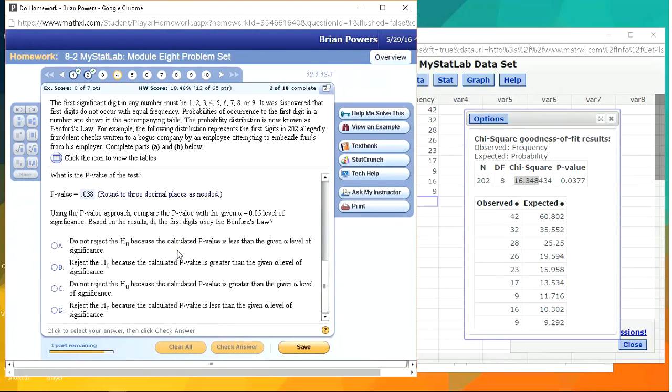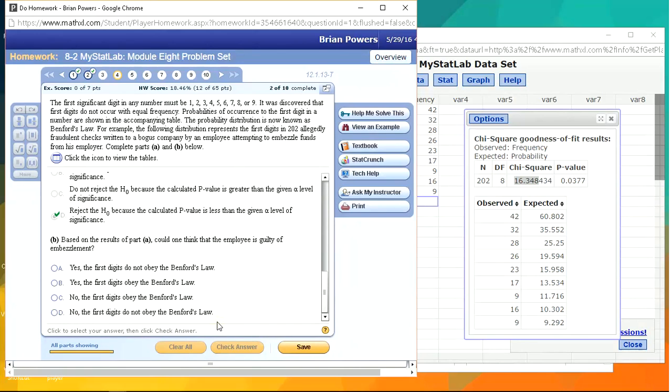We're using alpha at 0.05, so we reject because the p-value is less than 0.05. We do reject because the calculated p-value is less than the given alpha. Super.